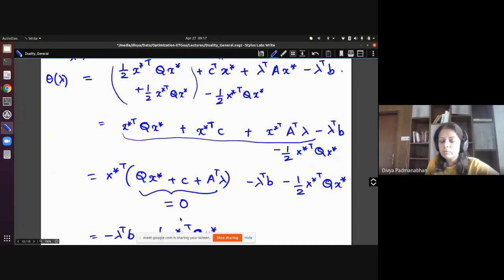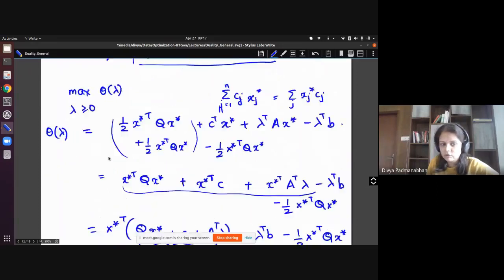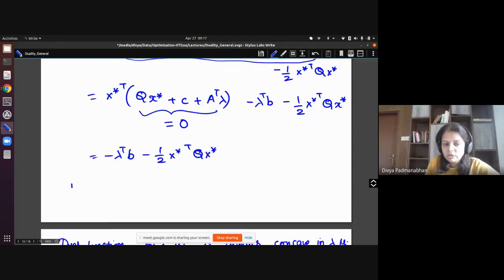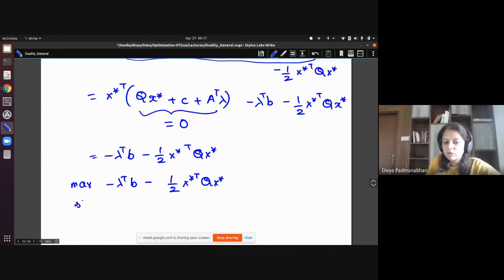Now the dual is to maximize theta of lambda subject to lambda greater than or equal to 0. So we maximize minus lambda transpose b minus half x star transpose Q x star, subject to lambda greater than or equal to 0.